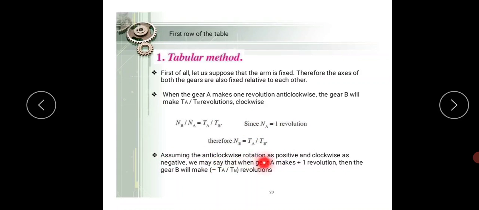Assuming anti-clockwise rotation as positive, clockwise is negative.